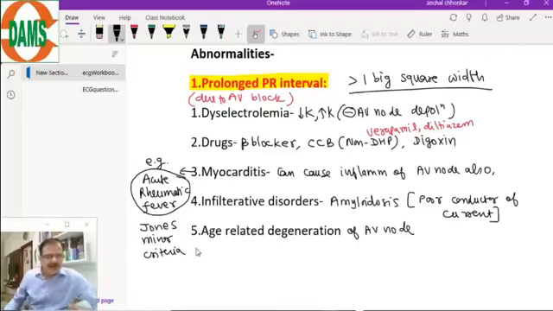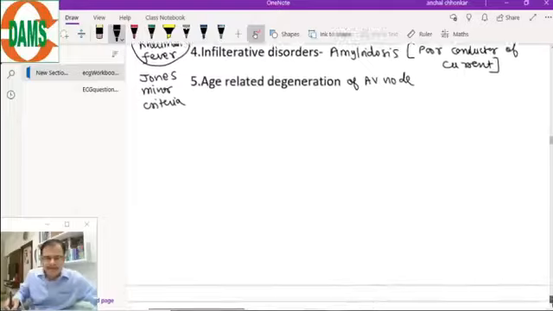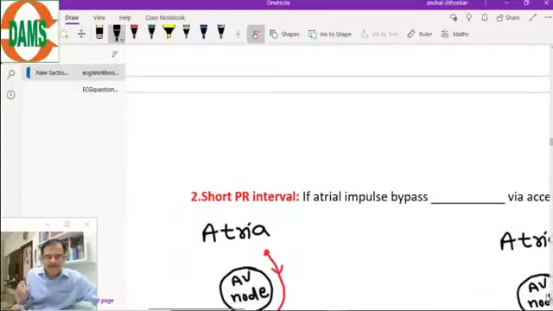Now come to the second abnormality, and second abnormality is PR interval gets reduced or shortens. So number 2 abnormality, PR interval. Number 2, short PR interval.